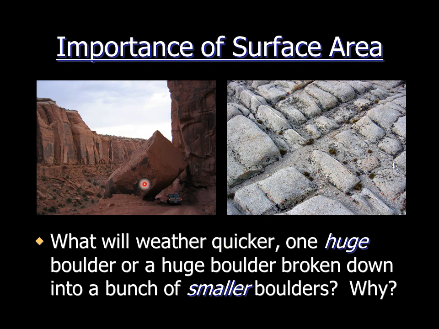So the general idea is, the more surface area you expose to the atmosphere and water, the quicker it's going to weather down. A huge boulder is going to weather much less quickly than a bunch of smaller boulders, or smaller grains of rock. If you take a big rock and pulverize it into a bunch of small stuff, you dramatically increase surface area, which allows weathering to attack a lot more surface area and break it down.